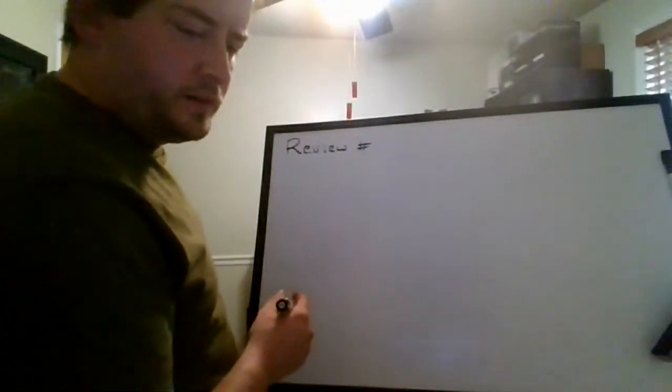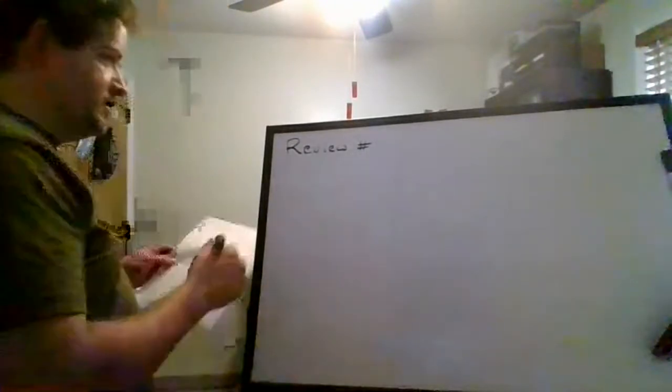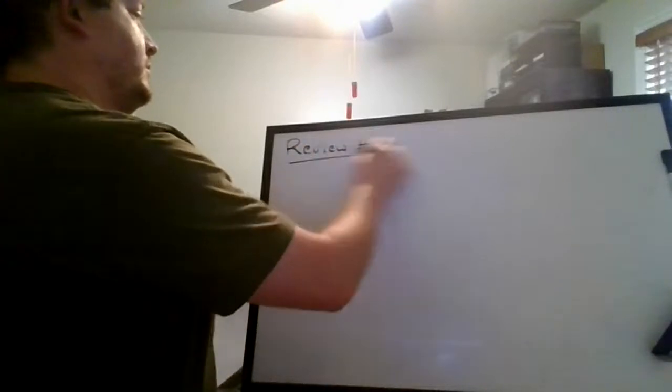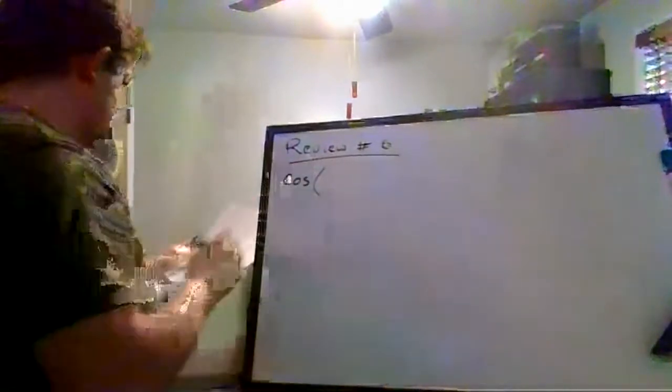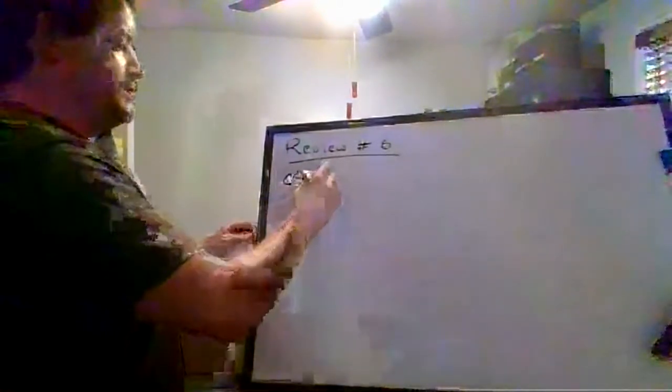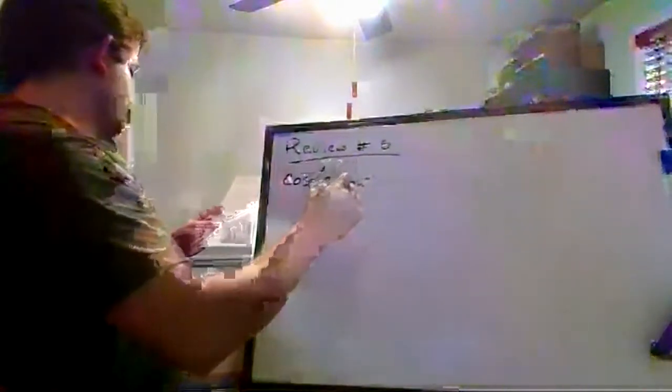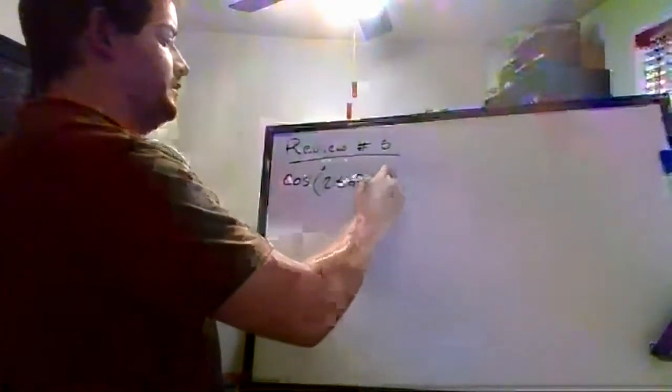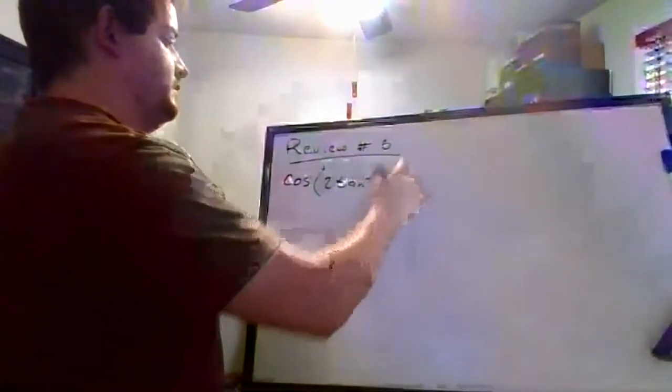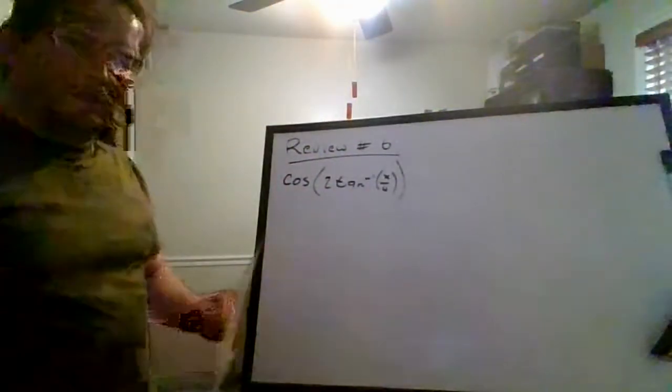They're both fairly similar. So I did the cosine version of A. It says rewrite cosine of 2 tan inverse of x over 4. We want to rewrite this as an algebraic expression in x and y.